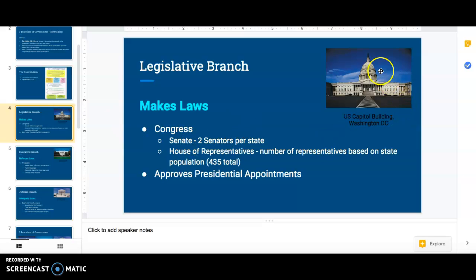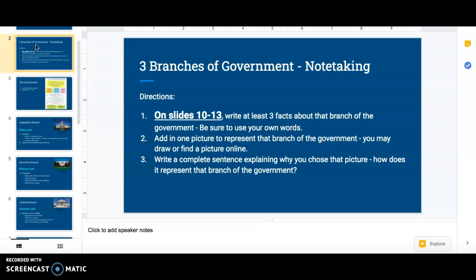So again, I chose a picture of the Capitol building for the legislative branch because this is where the legislature meets to make the laws we have to follow. Direction number 3, write a complete sentence explaining why you chose that picture. How does it represent that branch of the government?